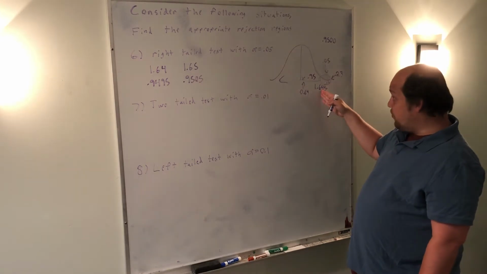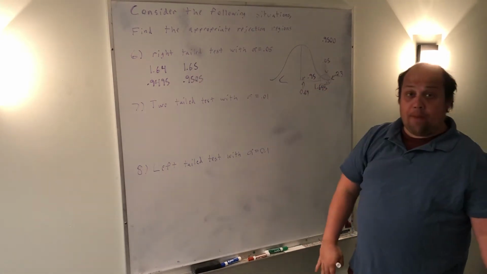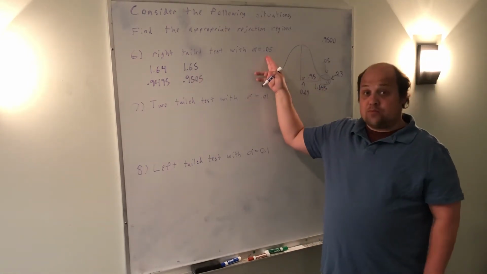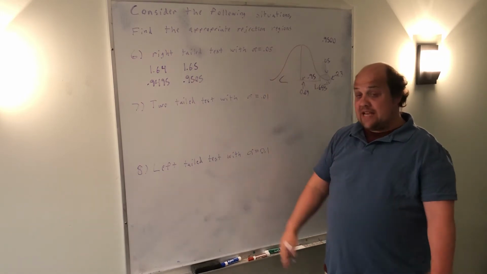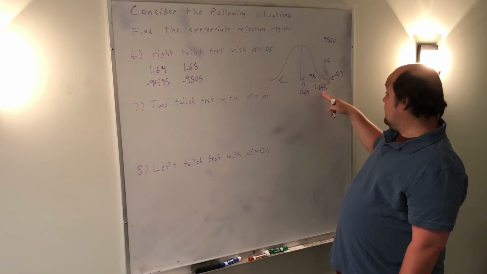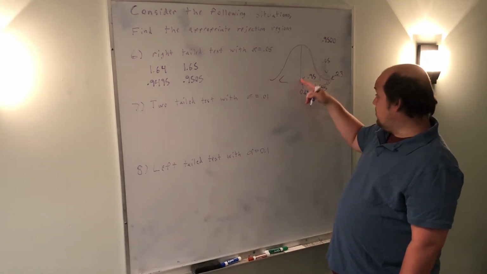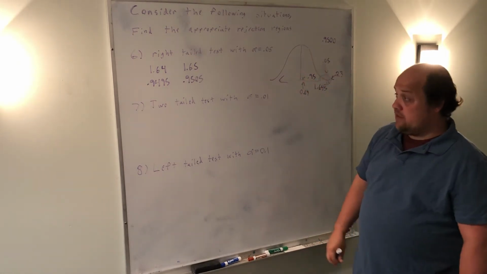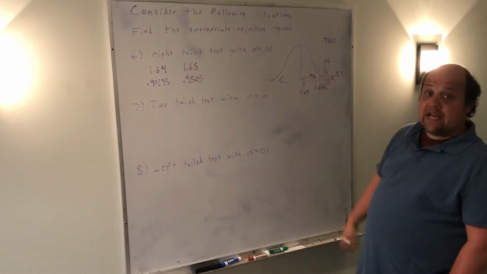So this 1.645 is true of all possible right-tailed tests with alpha equals 0.05. But from the test, you would get a test statistic, which would tell you if it's beyond, reject. If it's still inside, fail to reject. This was for a right-sided test.